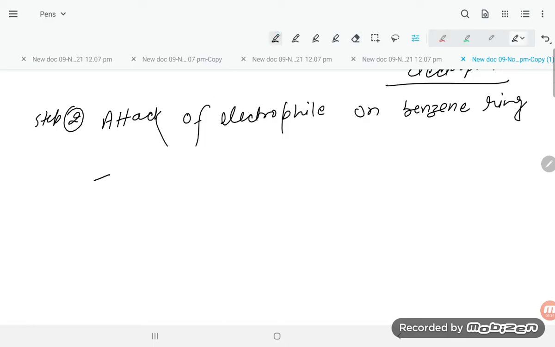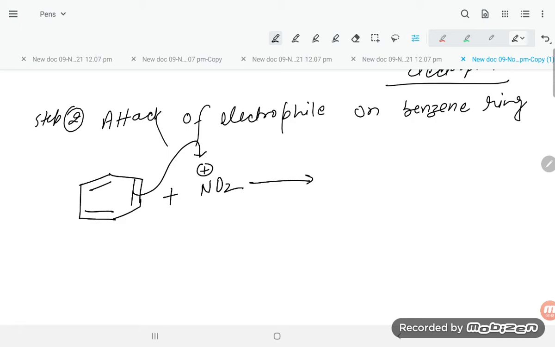And here NO2 positive is there. Now if you are attacking this one, each carbon of the benzene ring has one hydrogen.